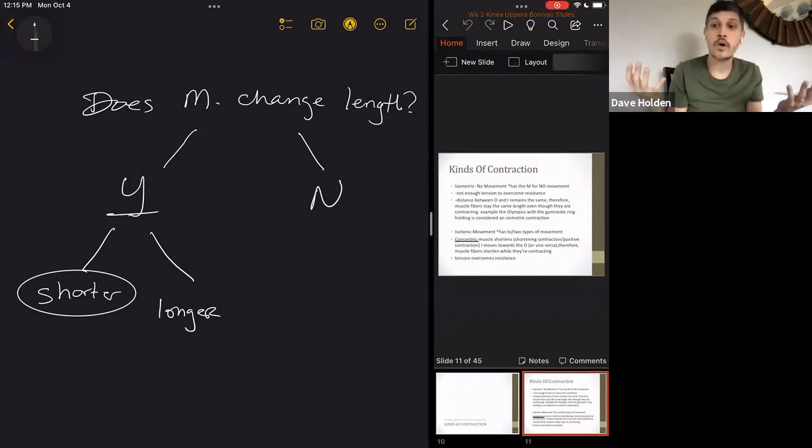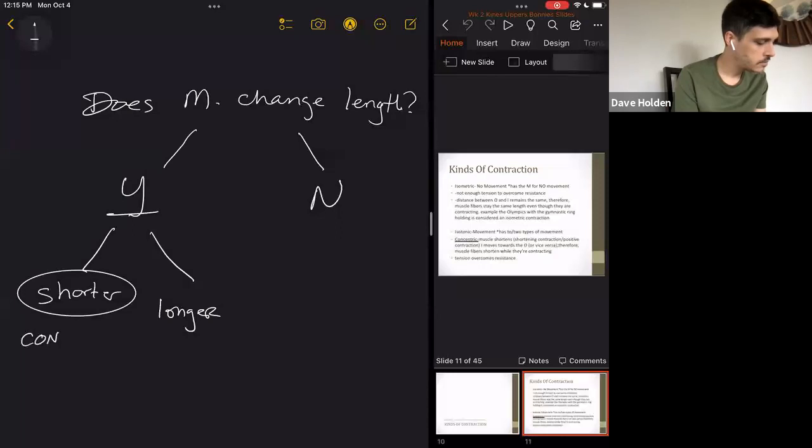That's the way muscles work. This type of contraction, the classical contraction, the kind you are usually thinking about when you think of a muscle contraction, is called a concentric contraction. The way I like to remember this is concentric contracts. It got shorter.